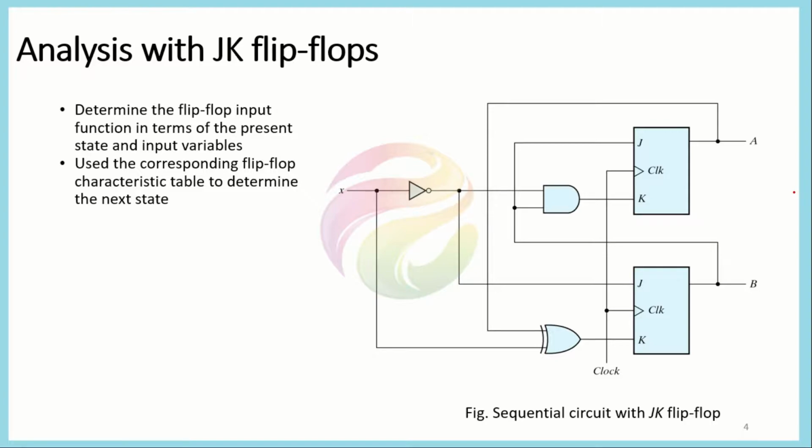So there is nothing further involved. But as we have seen, the JK and the T flip-flops depend differently on the input. So if we have to design a sequential circuit using the JK flip-flops and the T flip-flops, we have to modify our mechanism slightly so that we can adjust for these changes in the system.